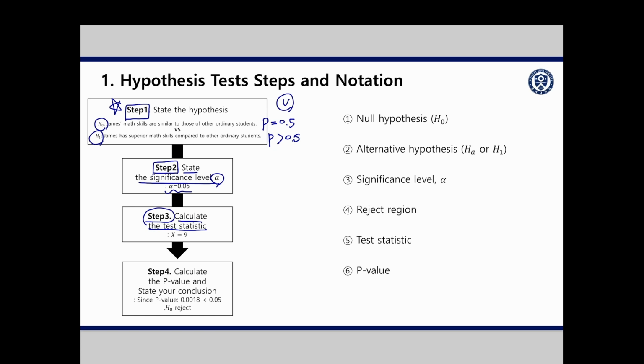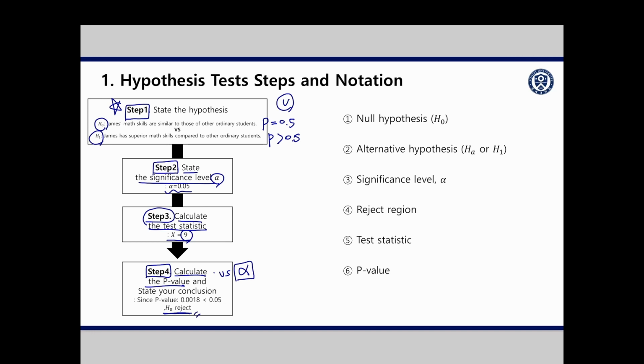Now step 3 involves calculating the test statistic, which determines whether to reject H0. In this case, the test statistic is x equals 9. In the final step, step 4, using the obtained test statistic, you calculate the p-value, and by comparing the p-value with the significance level alpha, we can conclude whether to reject H0 or not.